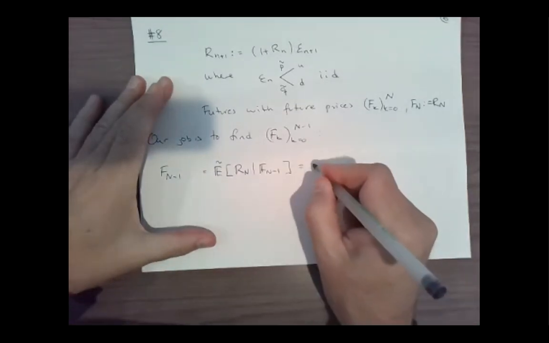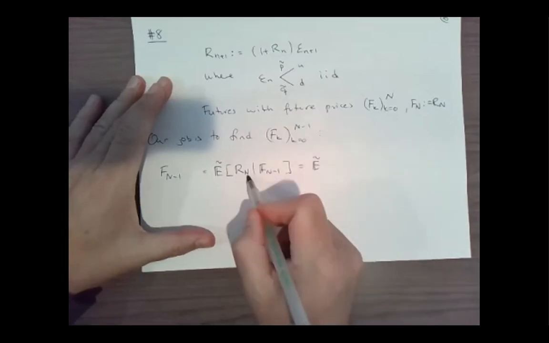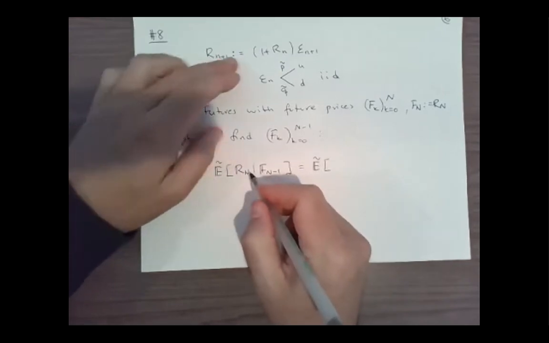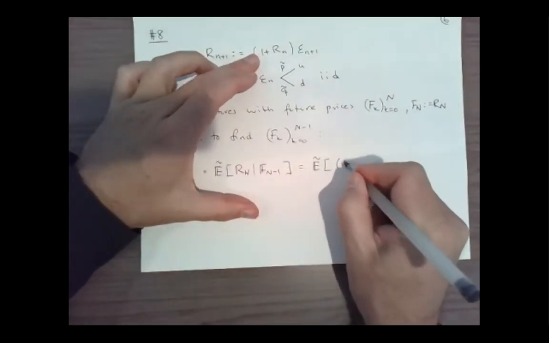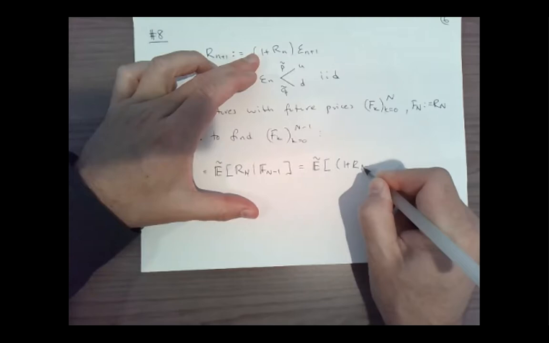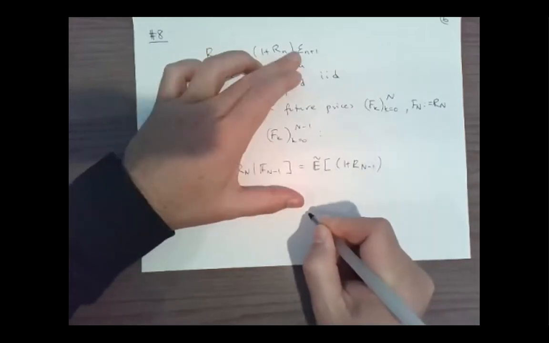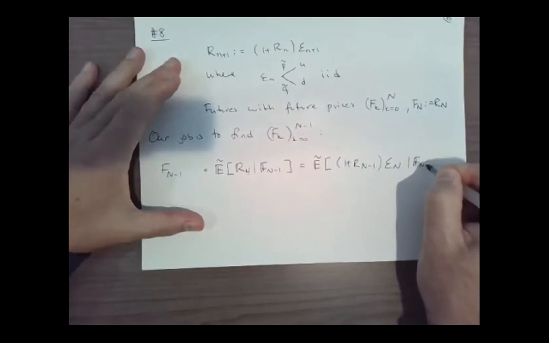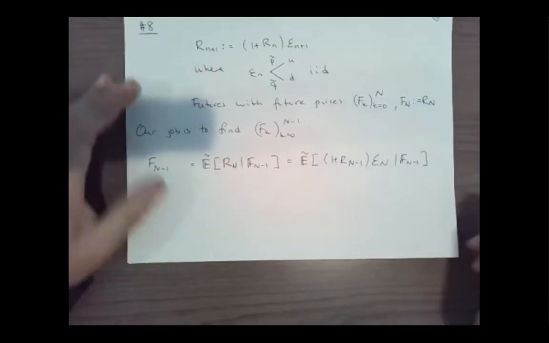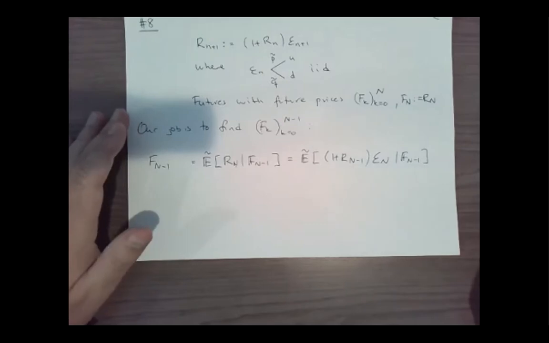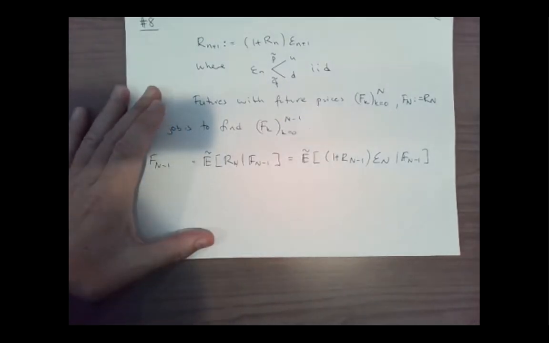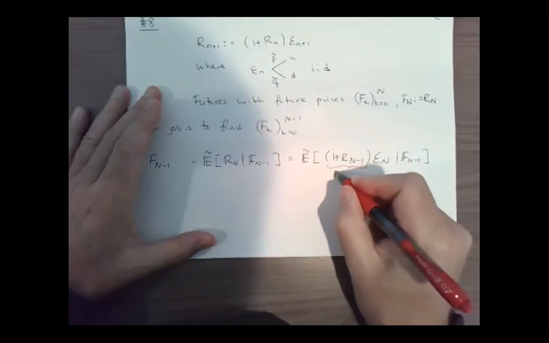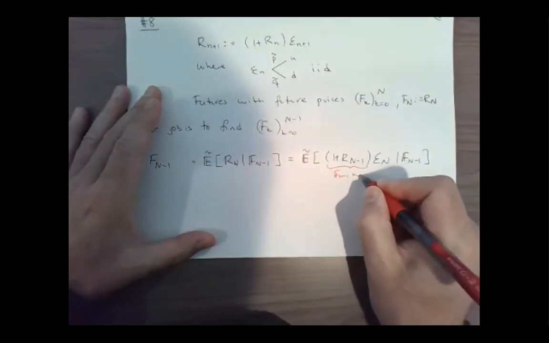So plug in what the formula says it is. This is R_n, which is (1 + R_{n-1}) epsilon_n, given F_{n-1}. And this is a situation we've had many times before. This thing here is F_{n-1} measurable.